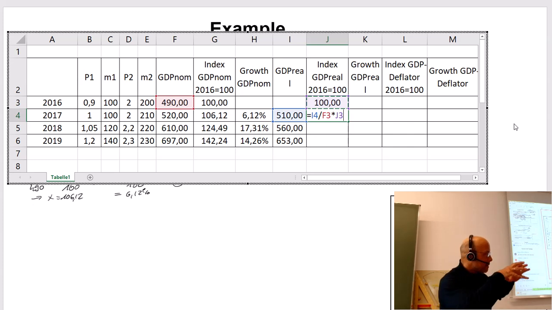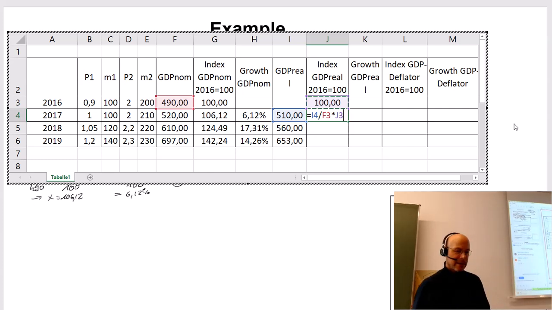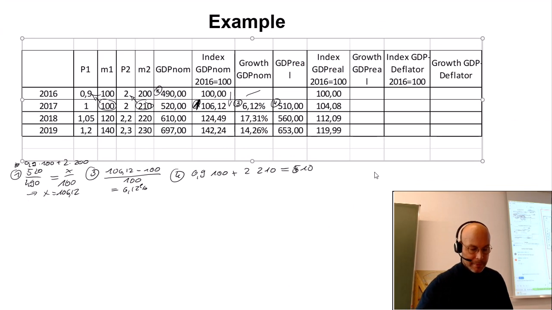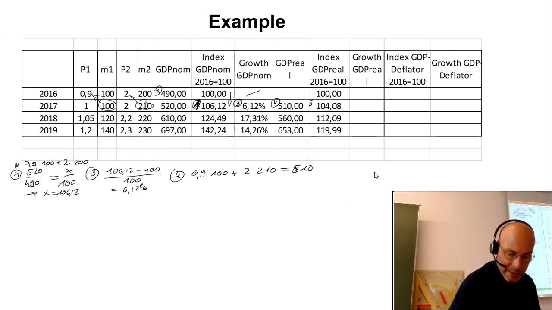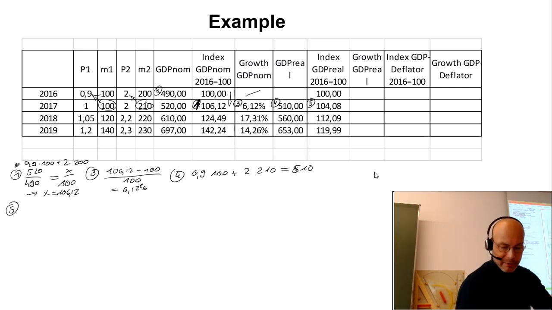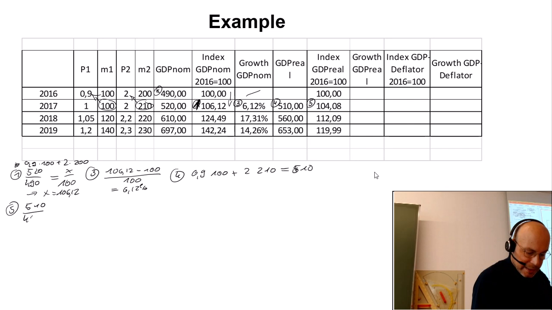Just taking the formula and calculating the numbers. And this moves on in time, of course. So let's take this one too. Here we have 510 over 490 times 100 equals 104.08.